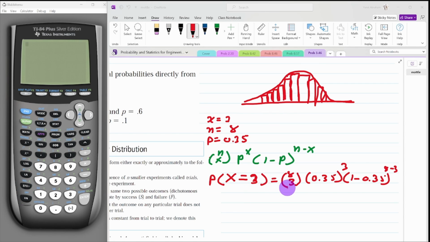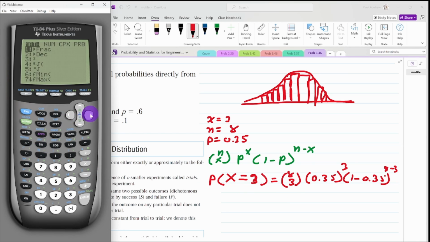Now we're going to be using the calculator to help us do this. First, we do the combination: 8, math, probability up here on the right side, and then option 3 right here because of the x, times parentheses 0.35 close parentheses raised to the third power.